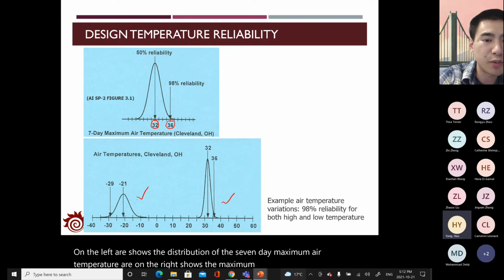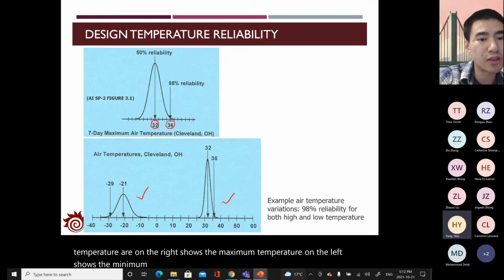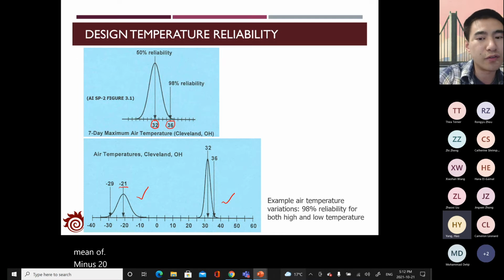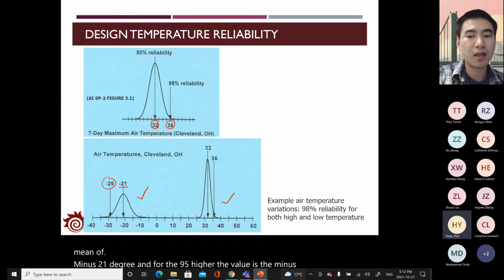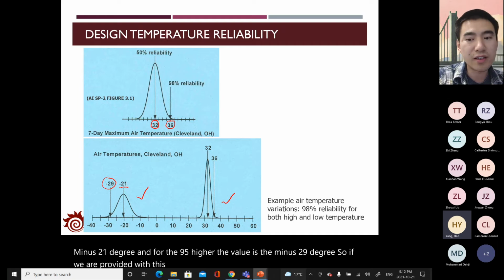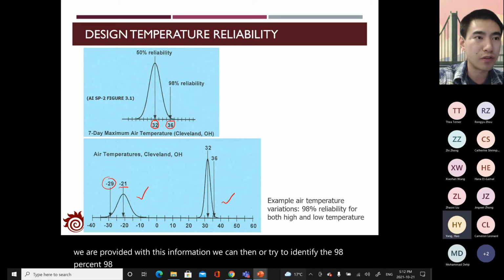On the left shows the minimum temperature. It is also a normal distribution with a mean of minus 21 degrees, and for 95% the value is minus 29 degrees. If we are provided with this information, we can then identify the 98% reliability for the performance grade that I'm going to select for the asphalt binder.